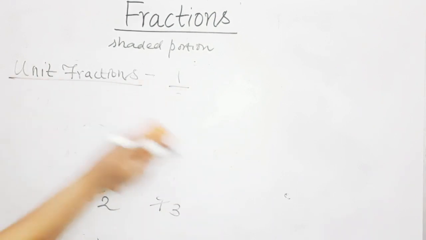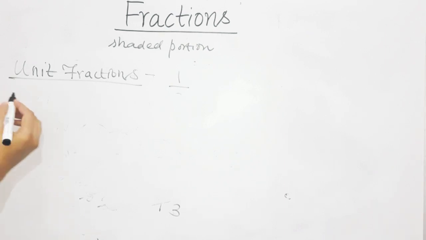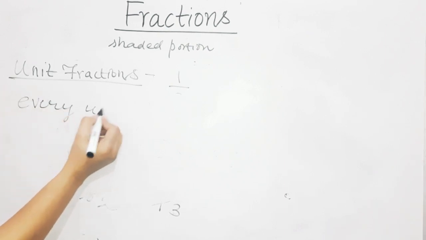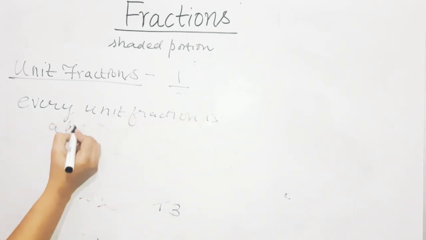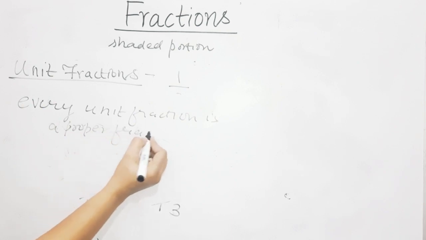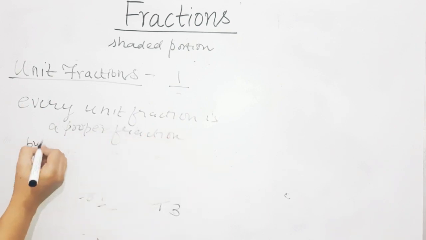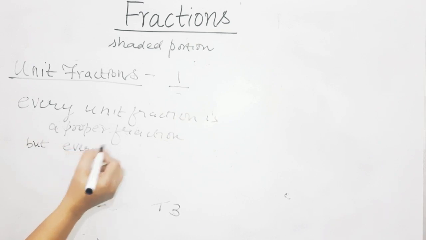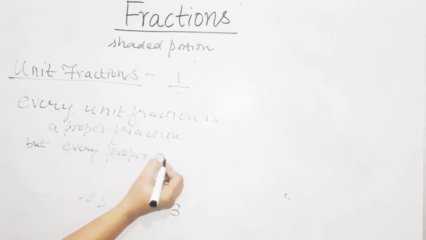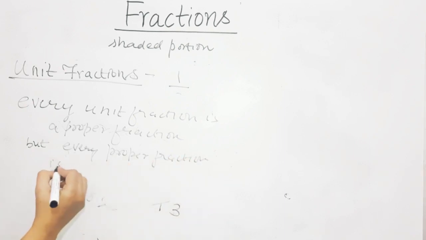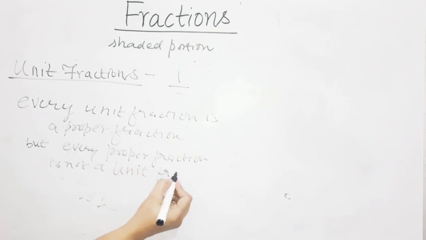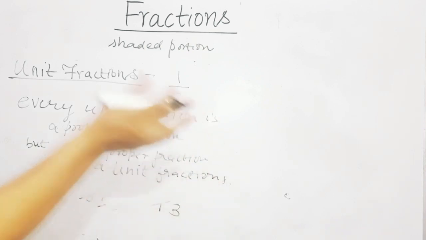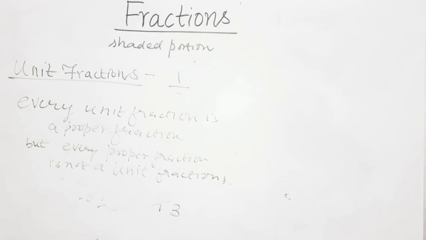We have concluded that every unit fraction is a proper fraction, but every proper fraction is not a unit fraction. Some of the proper fractions can be unit fractions. Okay? So I hope everybody has understood what I wanted to explain to you.